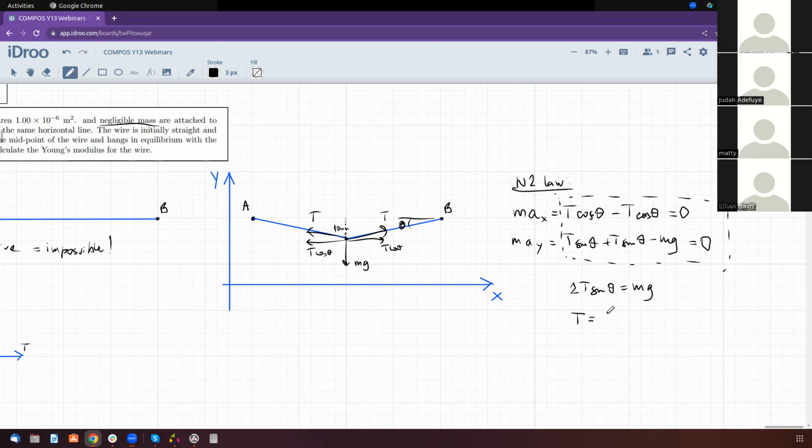T is equal to mg divided by 2 sin theta. And we know that the Young's modulus, E, is equal to stress over strain. Stress is tension divided by cross-sectional area, and strain is the extension divided by original length.